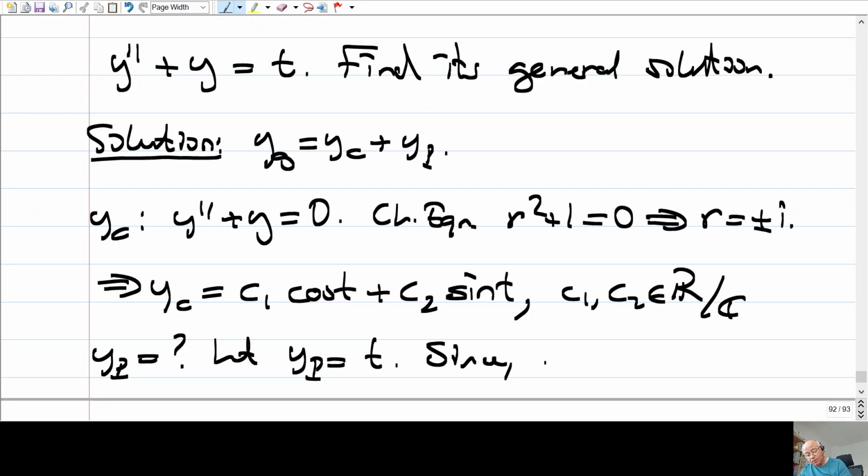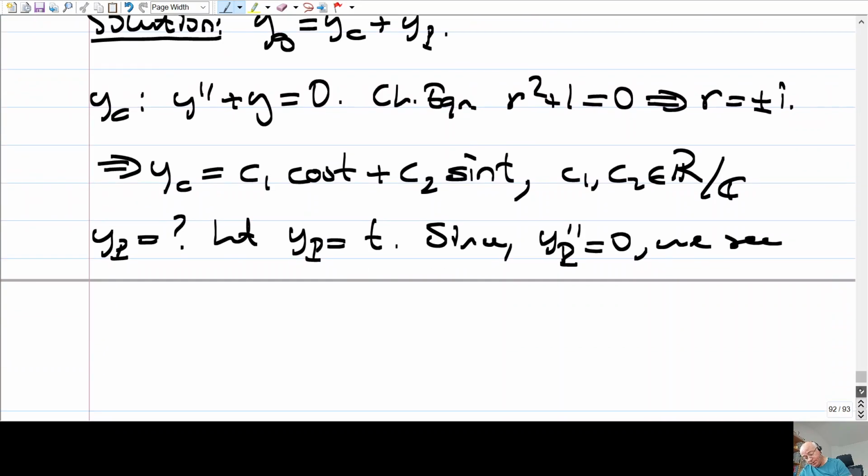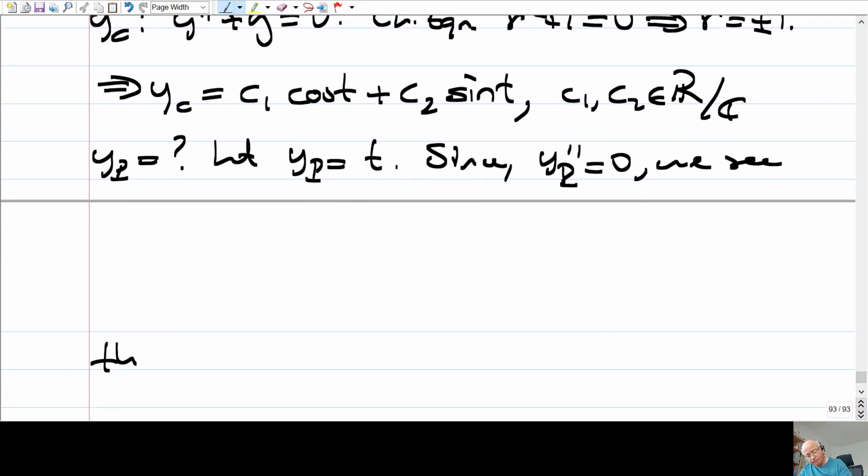Since the second derivative of yp is 0, we see that yp equals t is a particular solution.